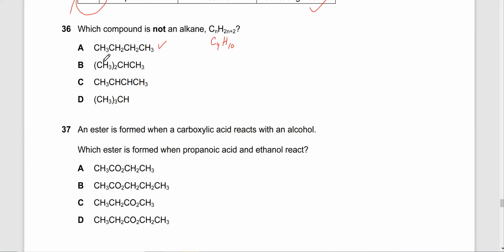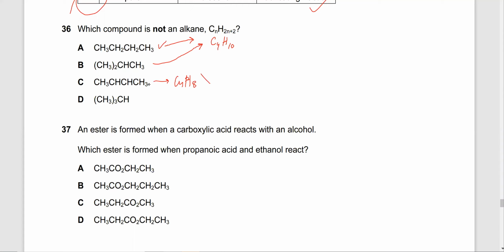So C2H6 हो गया. मतलब 2 C's है, 3 C's, 4 C's. तो ये भी C4 है. H कितने हो गए? 3 into 2 is 6, 6 plus 1 is 7, 7 plus 3 is 10. So you're getting the same formula, right? अच्छा इसका क्या आ रहा है? 4 कार्बन और हाइड्रोजन 3, 4, 5, 8, तो ये C4H8 बन रहा है.